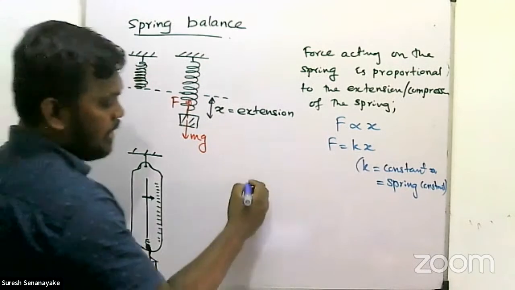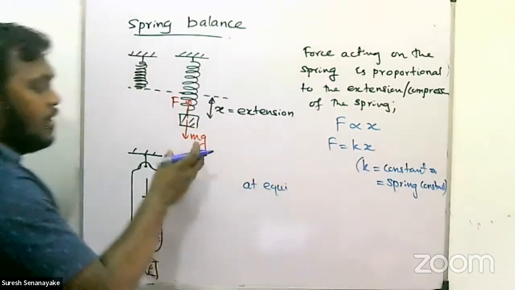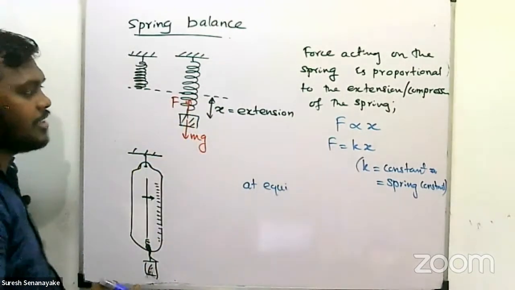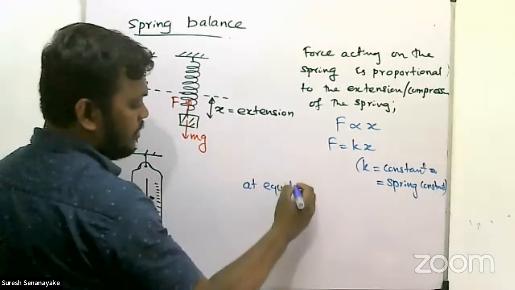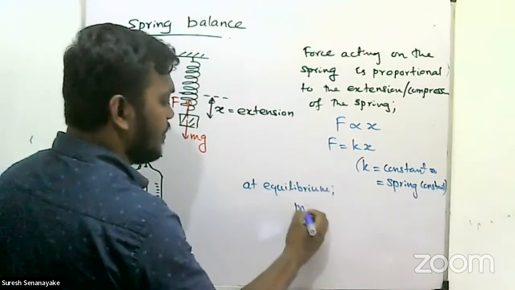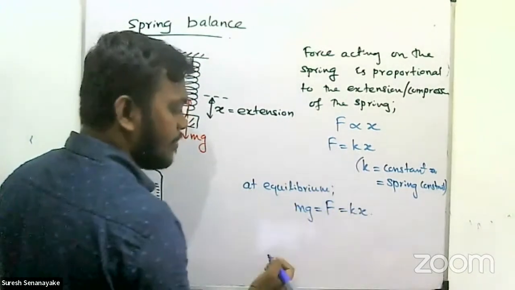Okay. So at equilibrium, because when you measure the mass, you hang the mass on it and you need to wait until it comes to equilibrium. Then we can say that the weight of the body is equal to that force, that is kx here, right?